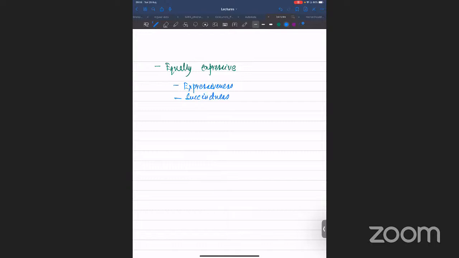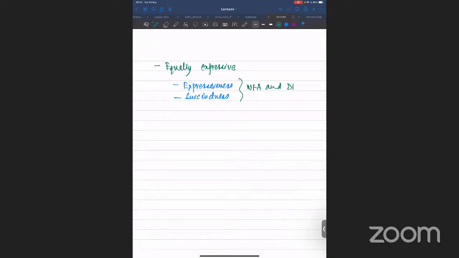We are going to study these two things hopefully today, in the context of NFA and DFA. So we are going to compare them. You possibly already know that in terms of expressiveness, NFA and DFA are equally expressive, whereas in terms of succinctness, we will show that NFA can be exponentially more succinct than DFA.